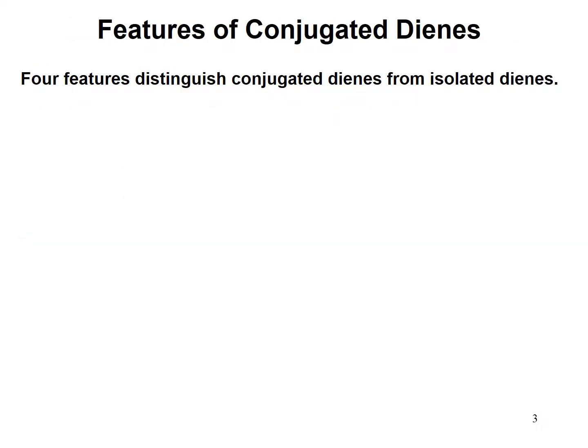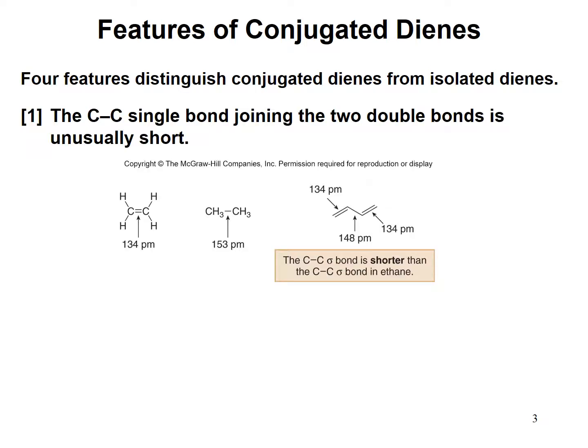Features of conjugated dienes. There are 4 features that distinguish conjugated dienes from isolated dienes. There's a short carbon-carbon single bond joining the 2 double bonds.